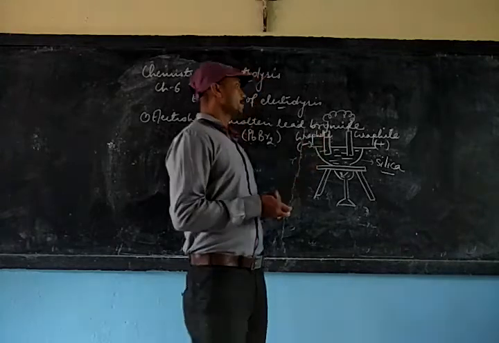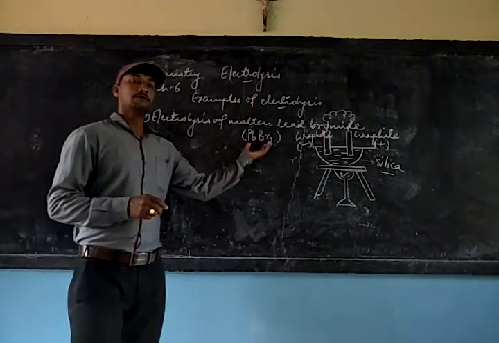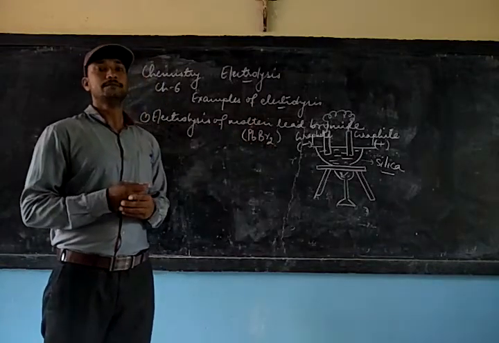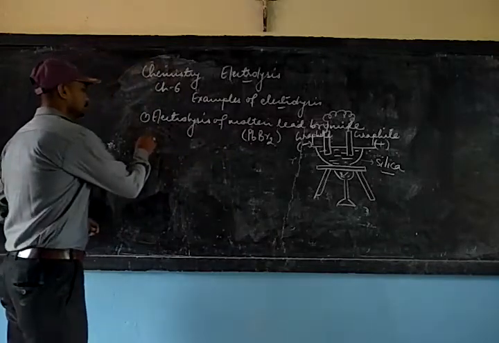So let us see, first on passing electric current, lead bromide will get dissociated to give lead ion and bromide ion as follows.